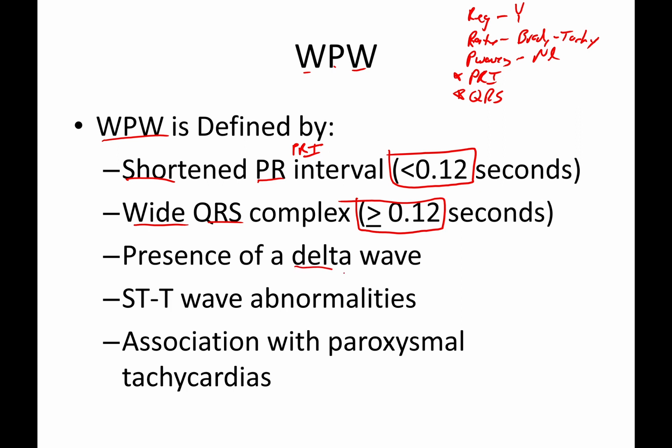You'll also have something that's really unique, which is known as a delta wave. And that's a real telltale sign that makes this actually a lot easier to do than you might think. You will see some ST and T wave abnormalities because of the way the conduction works. It causes those to be reflected differently in the EKG. And again, symptomatics is huge.